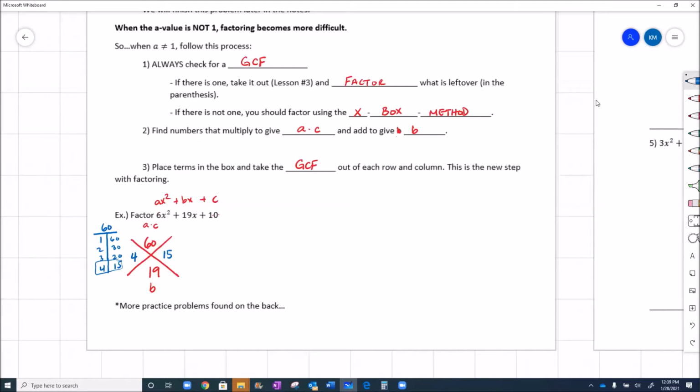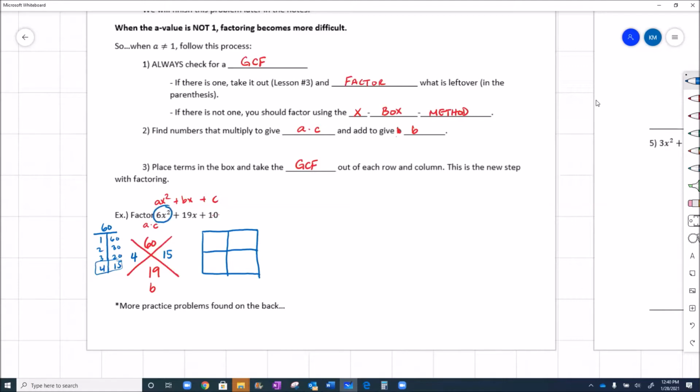Okay, so last time we might have just been able to say x plus 4, x plus 15 at this point, but because a is not 1, we're going to have to use our box method. So in our box, we're doing this backwards, right? Because factoring is backwards multiplying. We're going to start with our inside populated.